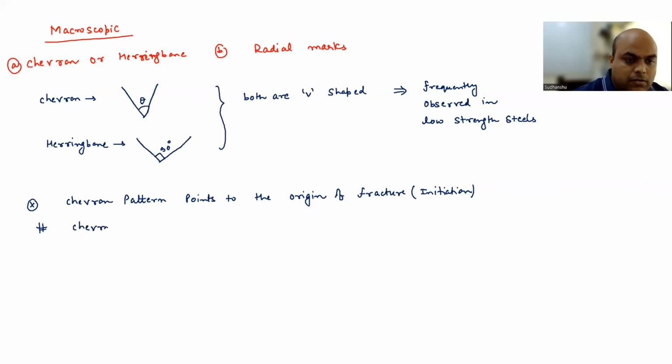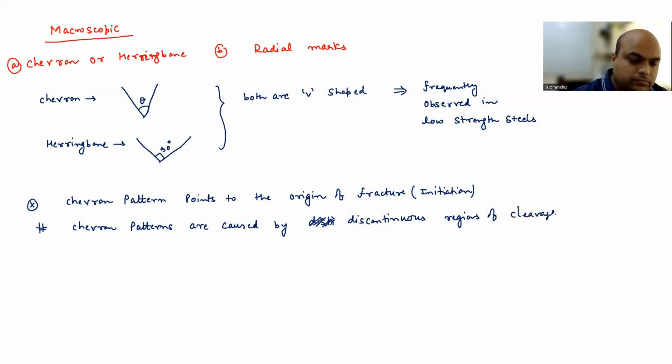Chevron patterns are caused by discontinuous regions of cleavage type brittle fracture joined by regions of shear.